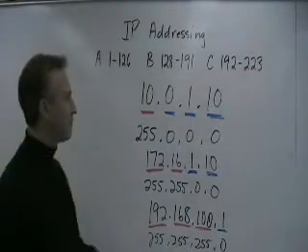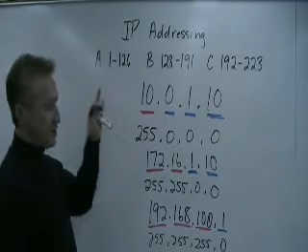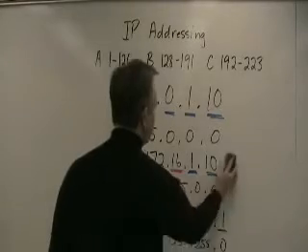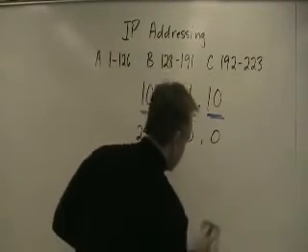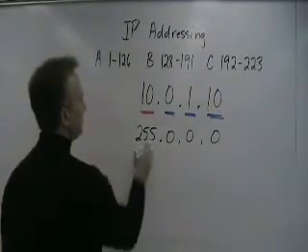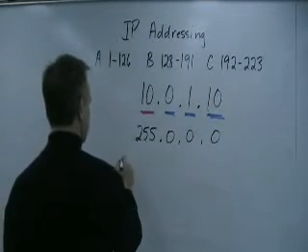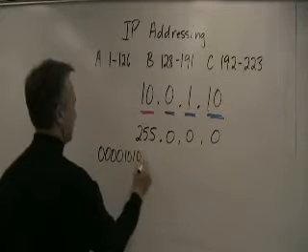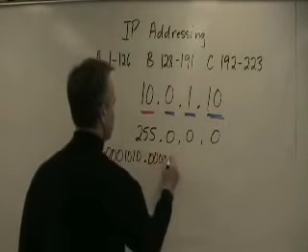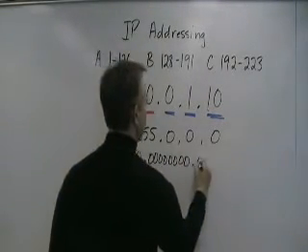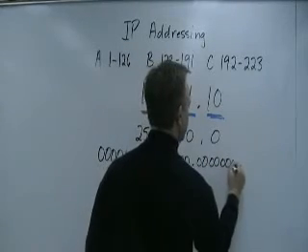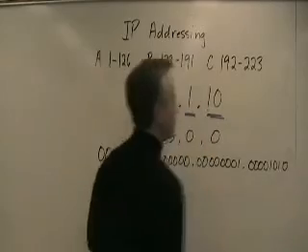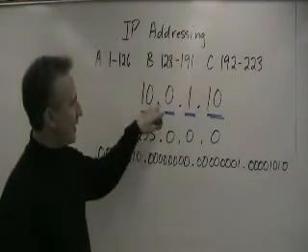It's even more clear when we take these addresses and convert them into their binary format. If we do that, what we see is, for example, if I write that out in binary, this is that address in binary format.